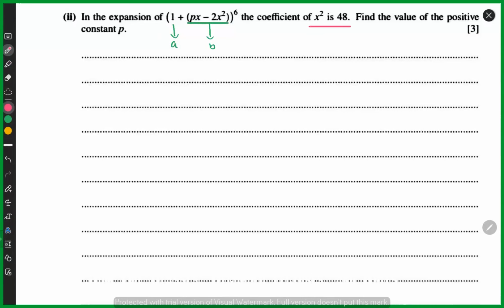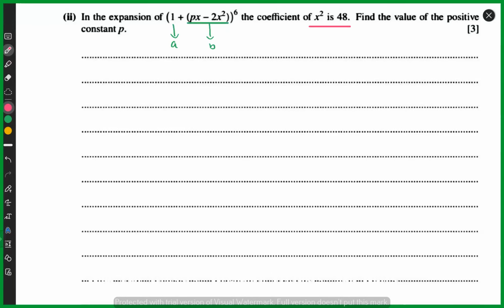Find the value of the positive constant p. Again, the question is not difficult. A and b are a bit different. We have n as 6 and the coefficient of x squared is 48. You need to find the value of the positive constant p.